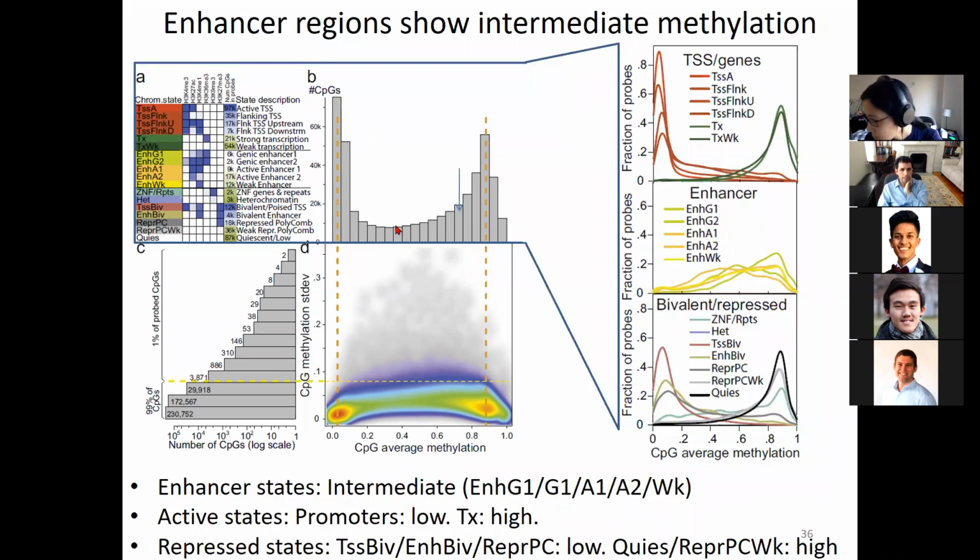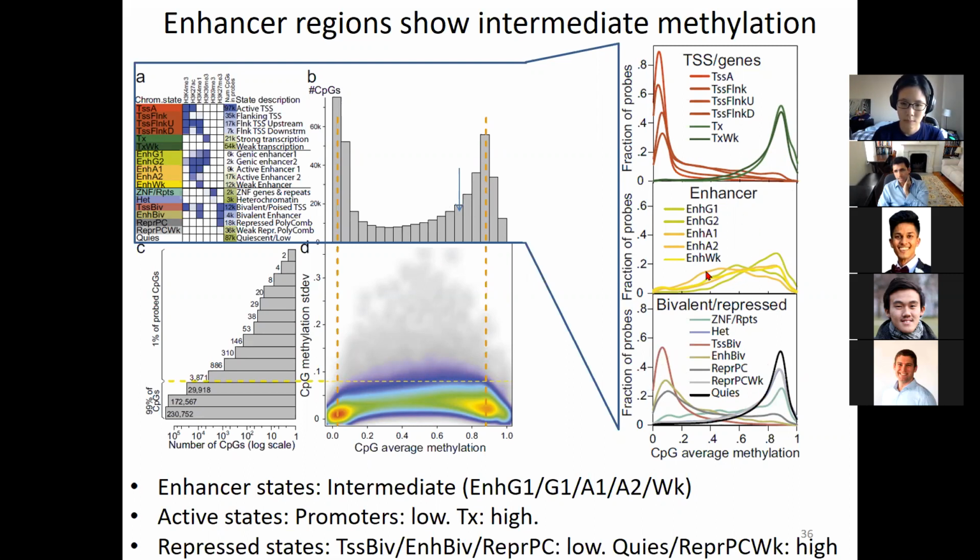And again, explaining this distribution here between these promoter regions that are very highly unmethylated, these transcribed regions, which are very highly methylated, and then again, all of these repressed regions, which are very highly methylated, and then these bivalent regions, which are highly unmethylated.